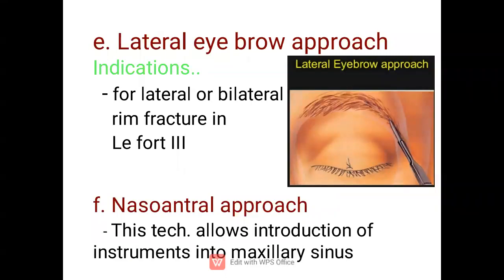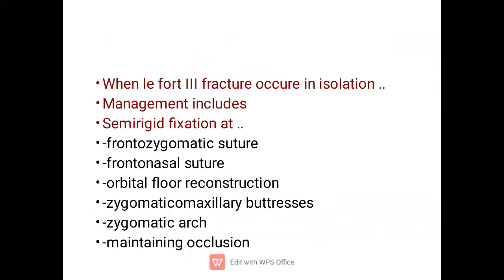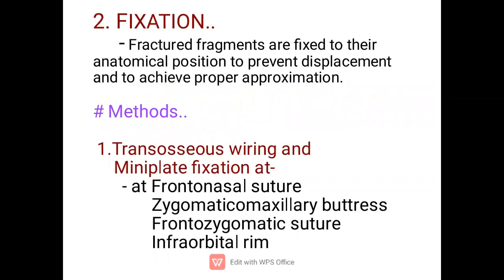Then the next approach is the nasoantral approach, and this technique allows introduction of instruments into the maxillary sinus. Then when Le Fort 3 fracture occurs in isolation, the management includes semi-rigid fixation at the frontozygomatic suture, frontonasal suture, orbital floor reconstruction, zygomaticomaxillary buttress, zygomatic arch, and maintaining the occlusion.